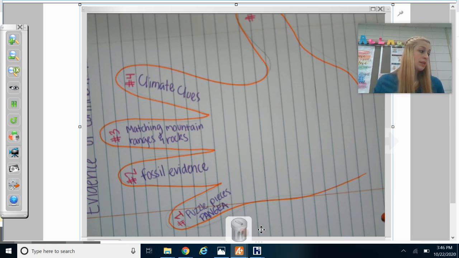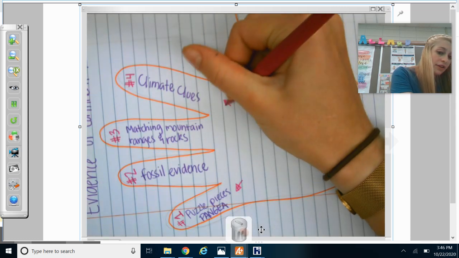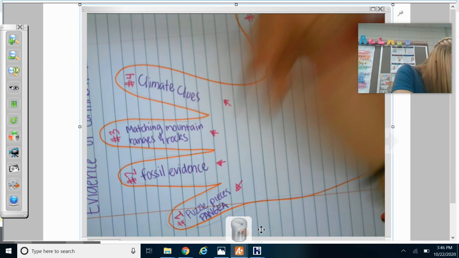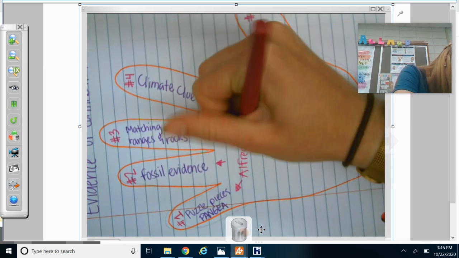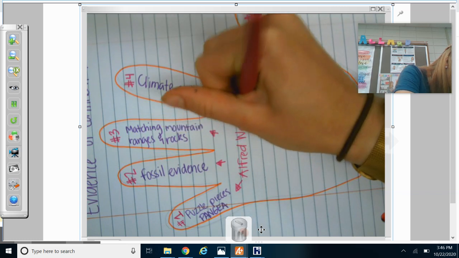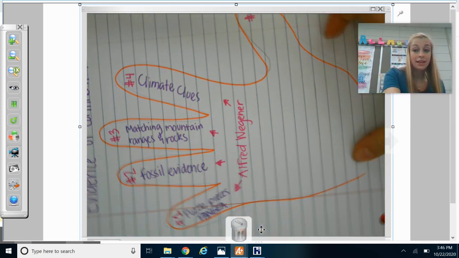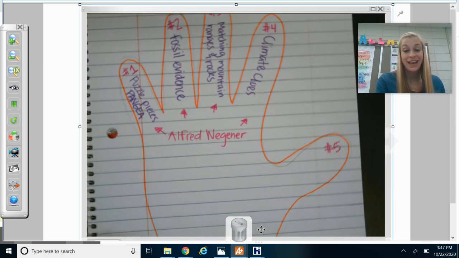So these 4 pieces of evidence are all evidence that Alfred Wegener found. He did all this work. These are all the pieces of evidence that he found. But remember, poor Alfred Wegener froze to death in Greenland.